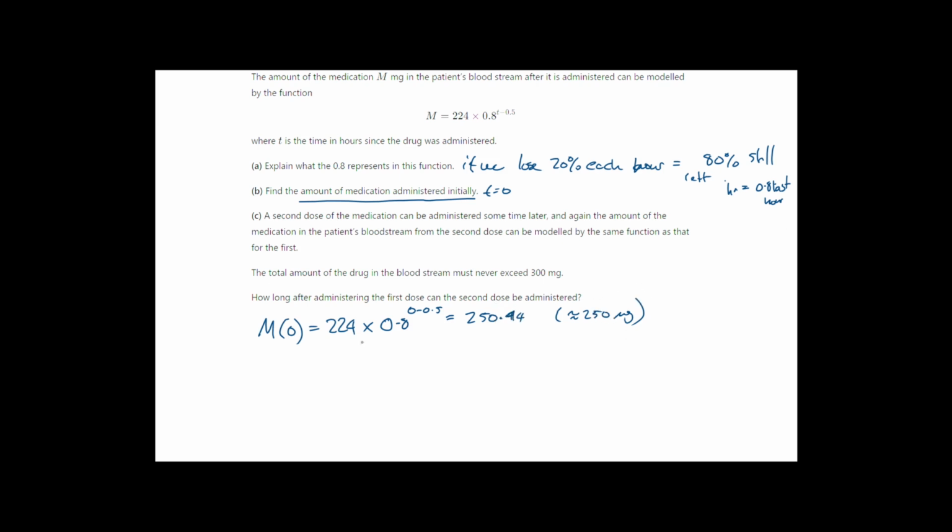So you kind of think to yourself, if we add another 250 milligrams, we can't have more than 300. So we want to find out when does the amount in the bloodstream equal 50, don't we? Because if it's 50 or less, we're safe putting another 250 milligrams in.